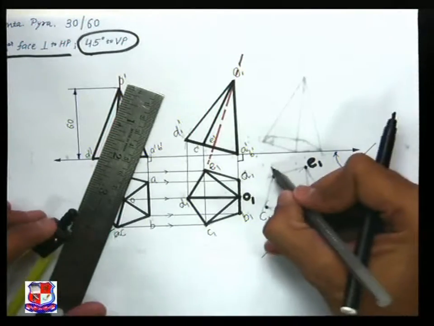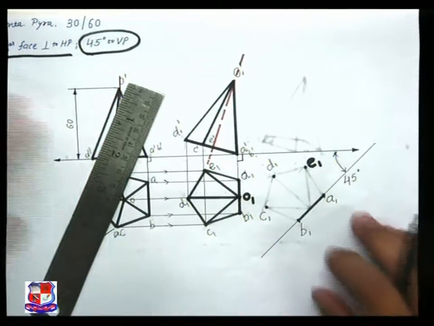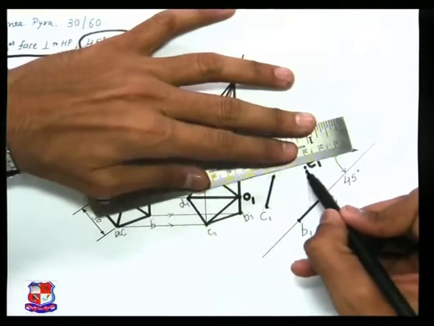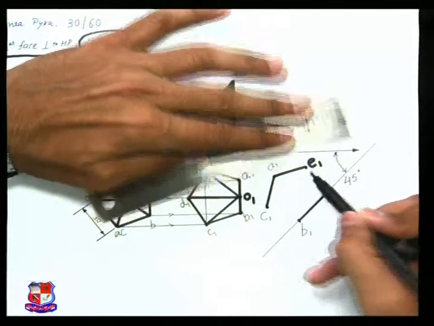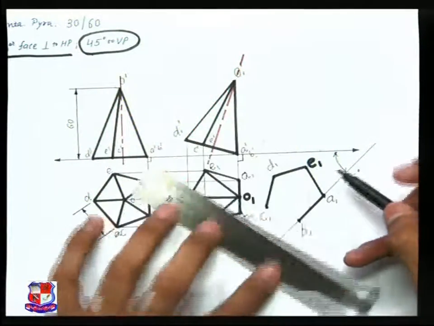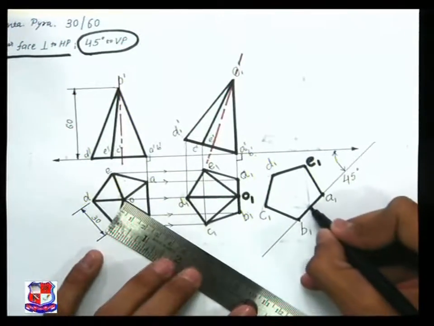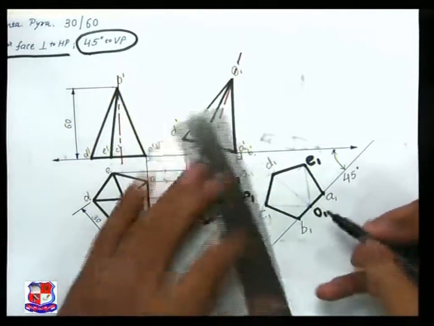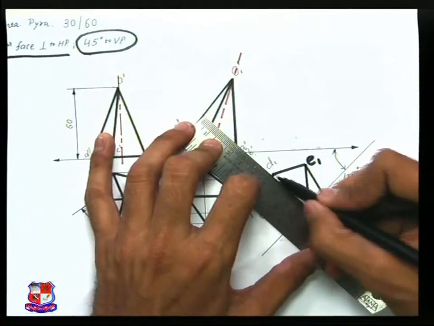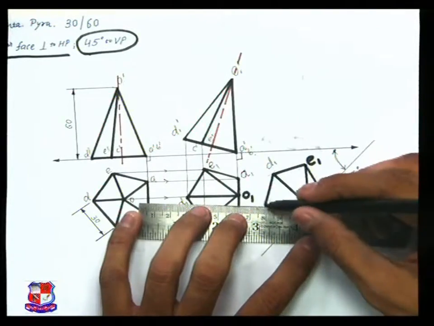Name that point D1 and join these points with full lines, same as the second step, because the visibility of lines will not change whenever we tilt it with respect to the XY line. Similarly, the apex point would be somewhere here, that is O1. So join the apex point with the respective base points D1, E1 and C1.